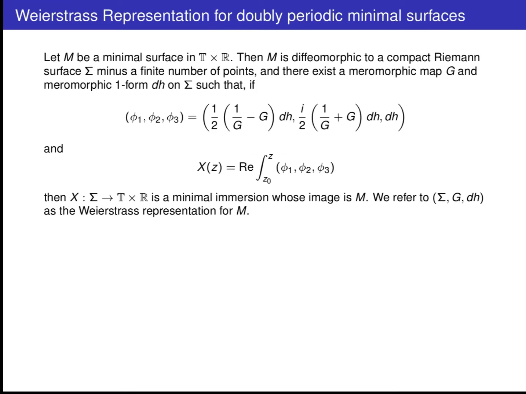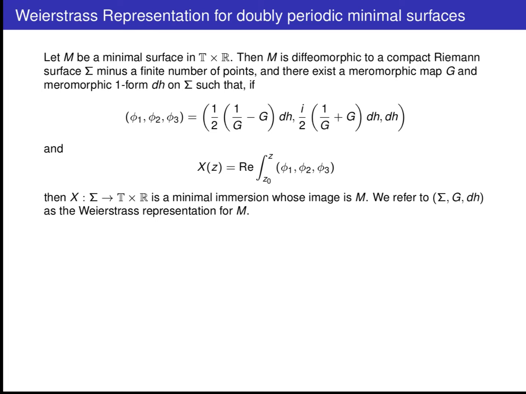So we need to utilize the Weierstrass representation, in particular for doubly periodic minimal surfaces. If we let M be a doubly periodic minimal surface, so a minimal surface in T cross R, then M is diffeomorphic to a compact Riemann surface, sigma, minus a finite number of points. That's due to the work by Meeks and Rosenberg.